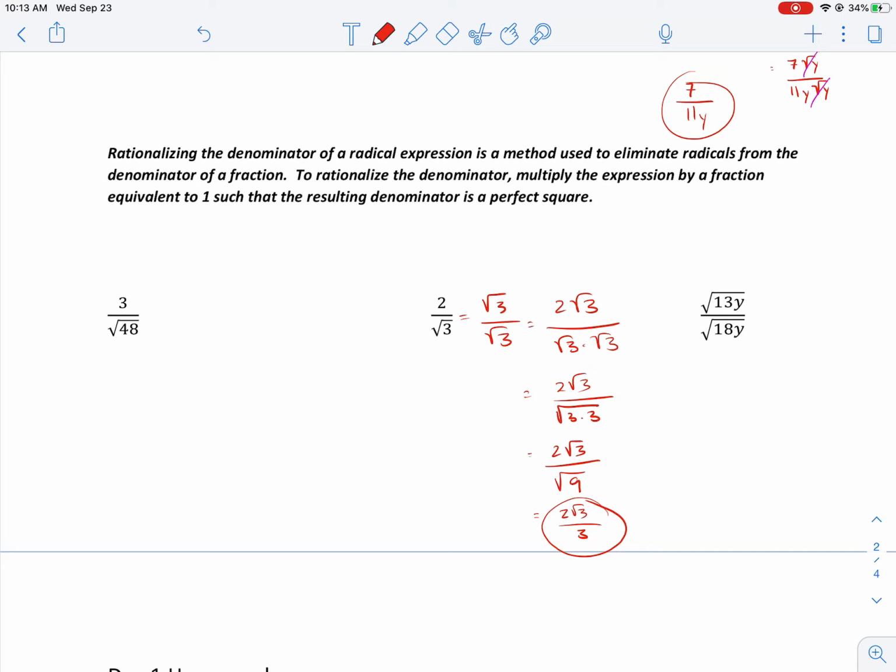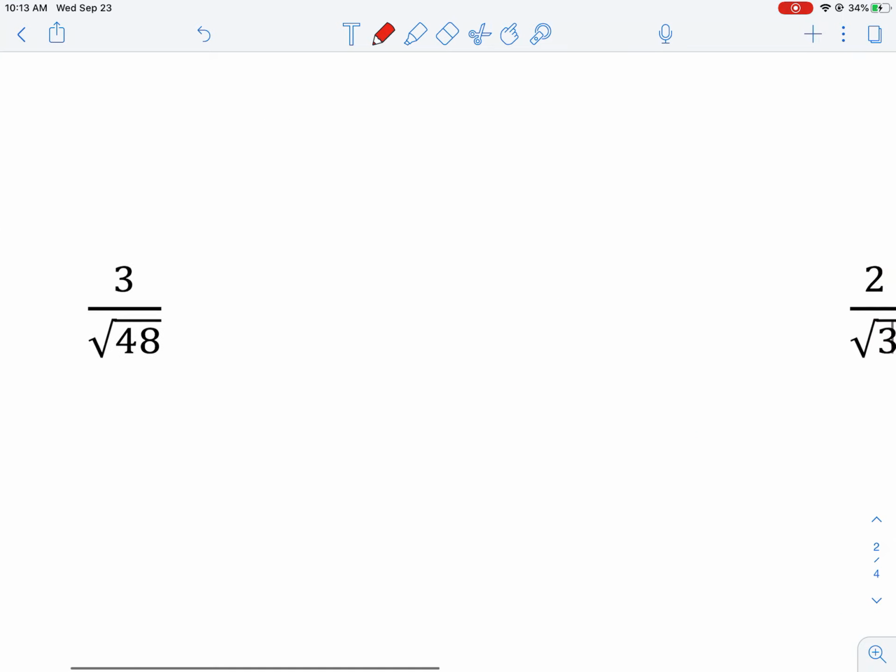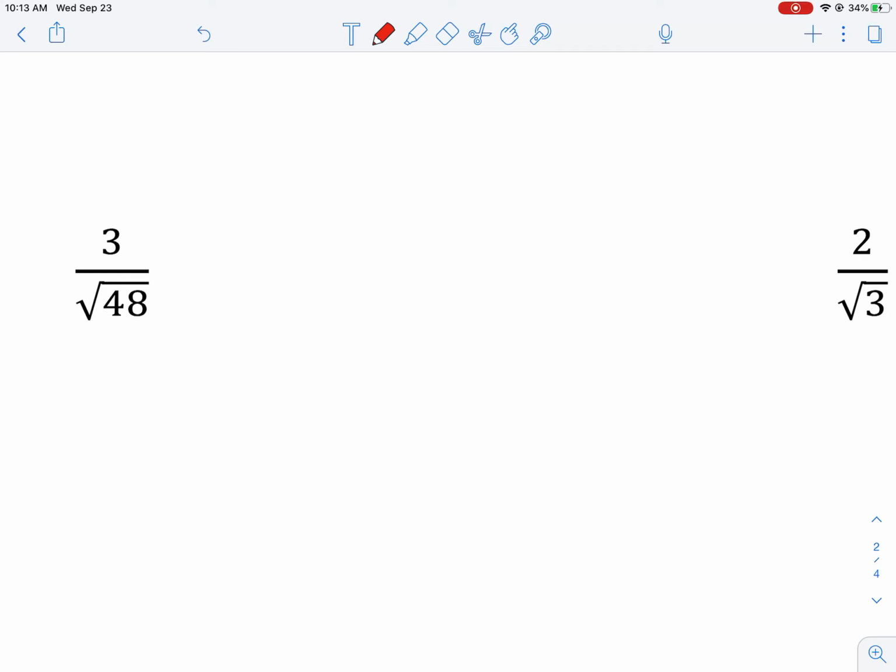Now we could multiply the top and bottom by square root 48. The reason why I'm not going to do that is because we're still going to have to simplify that expression anyway. So let's simplify the expression first. Does 3 go in there?